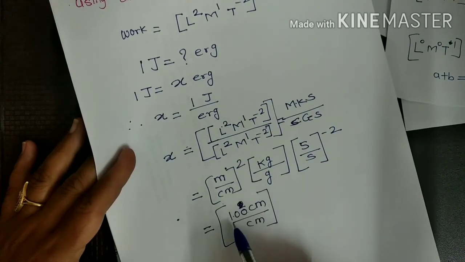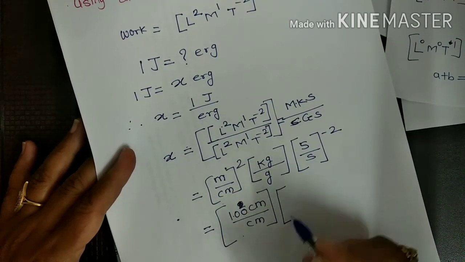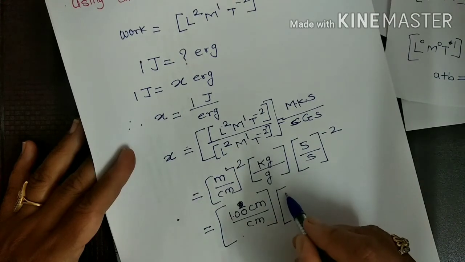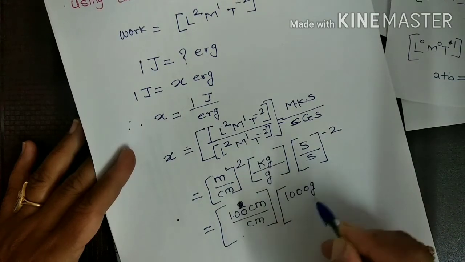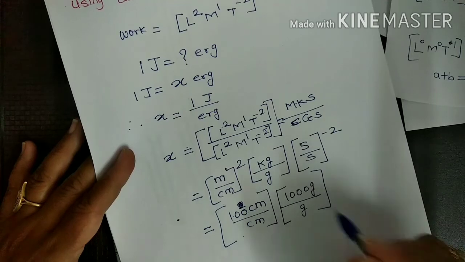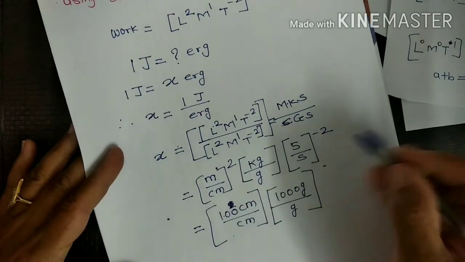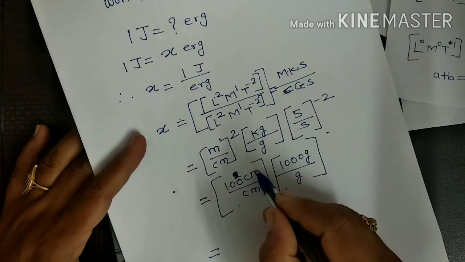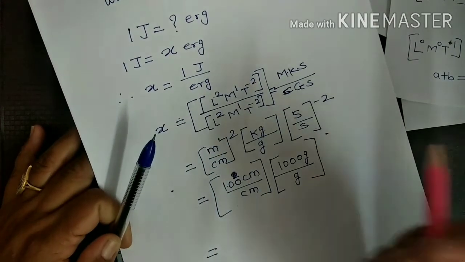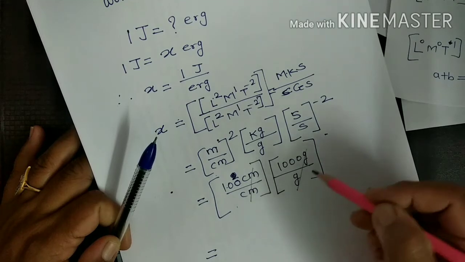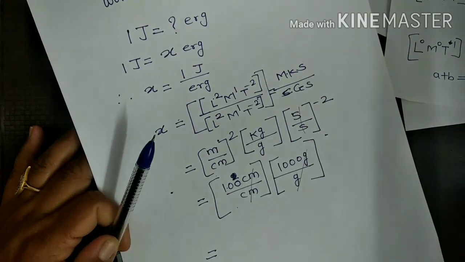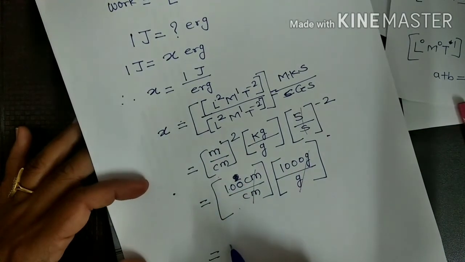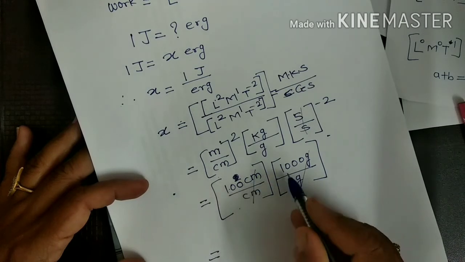Then 1 kg is equal to 1000 gram upon gram. Second gets cancelled here. Then again centimeter and gram also cancel.